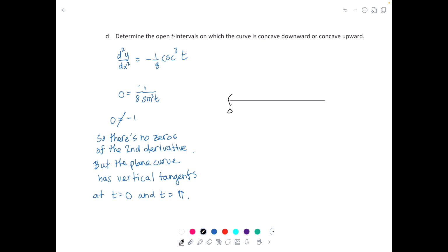Our number line goes from 0 to 2 pi non-inclusive, and then we had this vertical tangent line at t equals pi. And so we will have the interval from 0 to pi and pi to 2 pi. And we just need to find a test value in there. So we'll go with pi over 2 and 3 pi over 2.